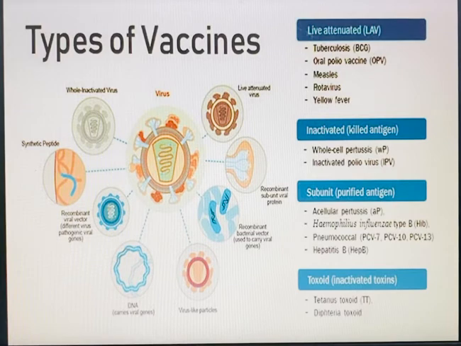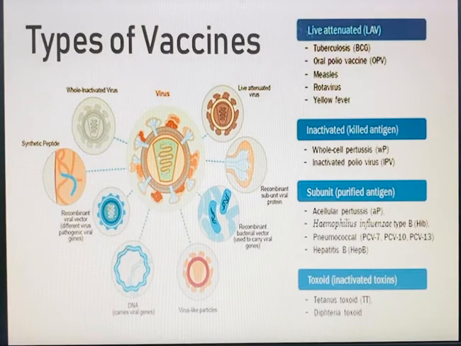The pathogens are cultured to inactivate them first. As a result, they lose the capacity to infect. For example, rabies, measles, polio, mumps, tuberculosis, etc. Okay, this is the killed vaccine. What is the killed vaccine?